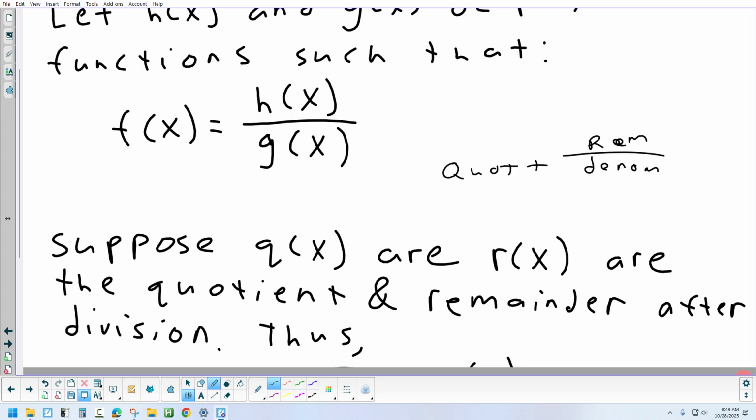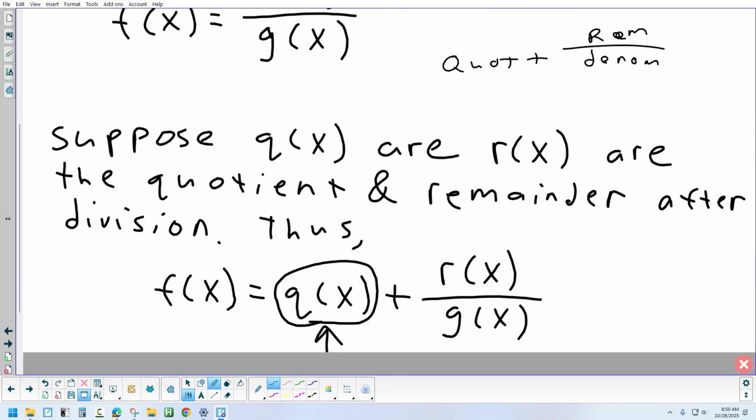We're just calling the remainder r of x. We're calling the quotient q of x. And the original denominator was g of x. And that's exactly what I filled in my formula, just the names that I'm using instead of the words. Quotient plus remainder over original denominator.